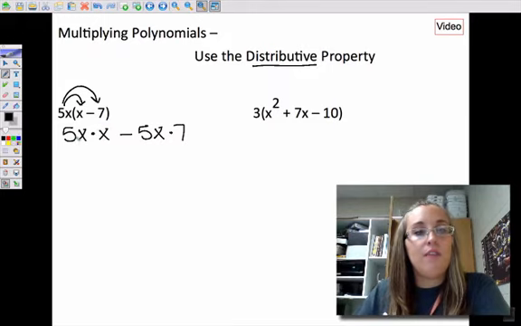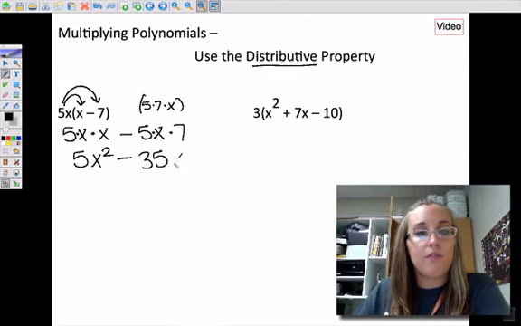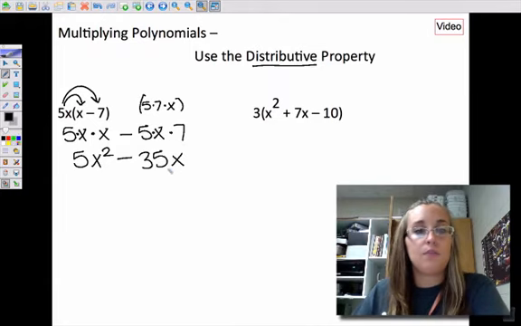Now if I take 5x times x, remember this is really 5 times x, which I could also combine the x times x to become x to the second power, or x squared, minus 5 times x times 7, doesn't matter what order, really that's the same as 5 times 7 times x, so that would be 35x. Right? And we're done because we can't combine any more like terms.